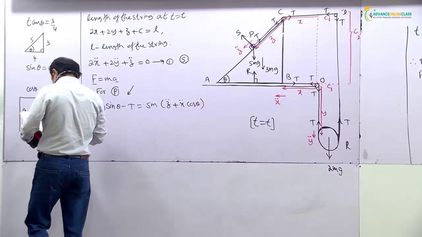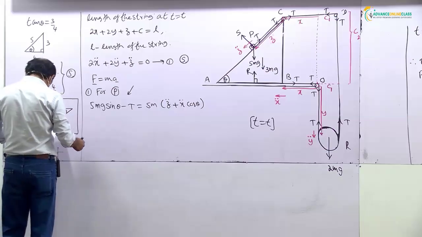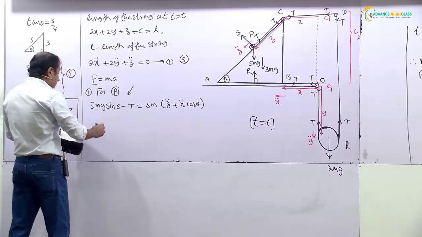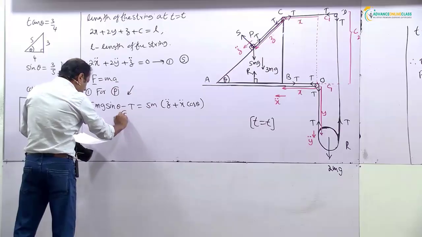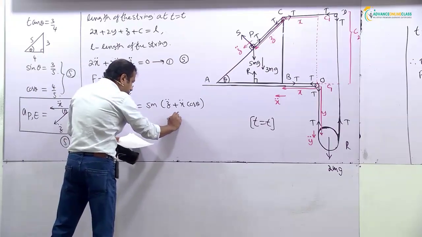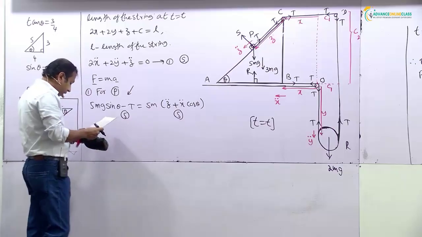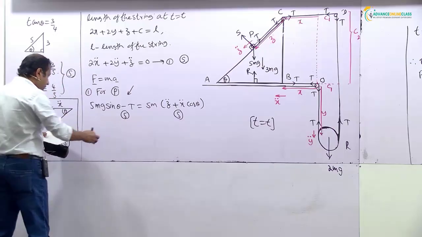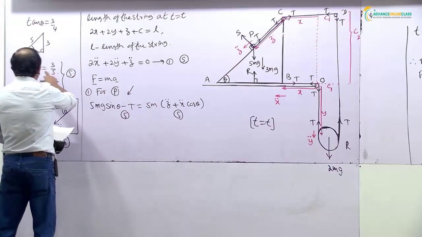Okay. So here, marks come in this way. This side 5 marks, this side 5 marks, and now substitute for sin theta and cos theta by these answers.